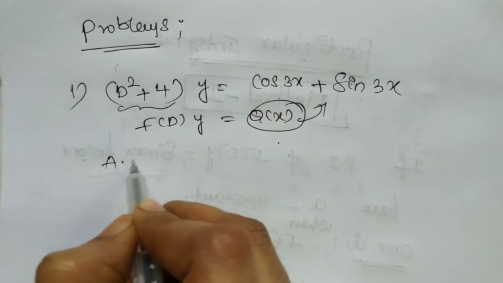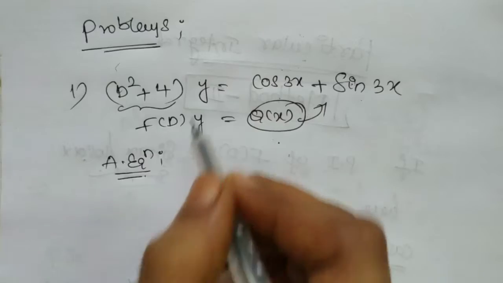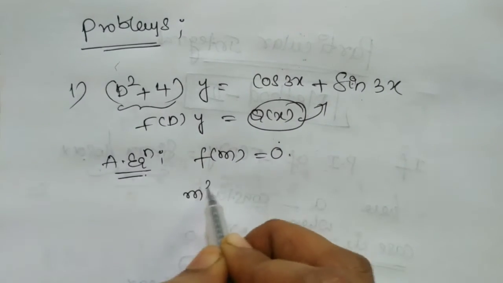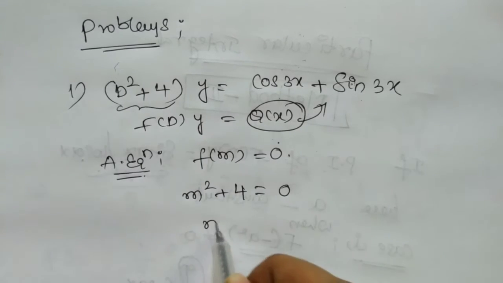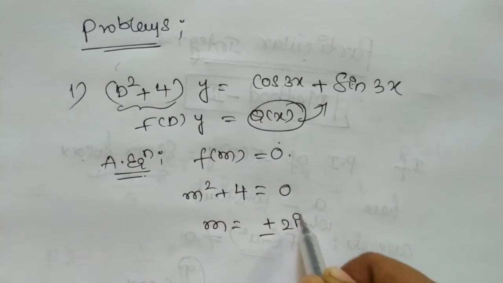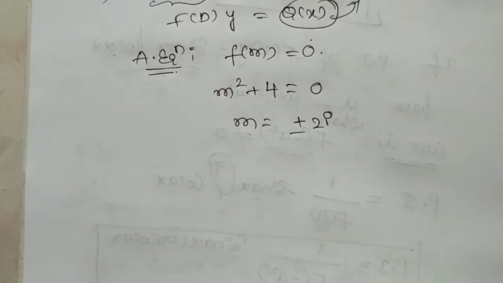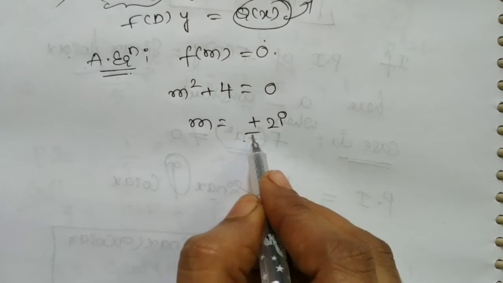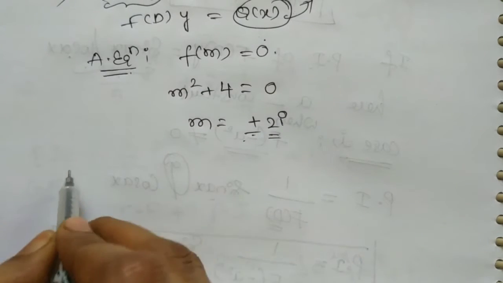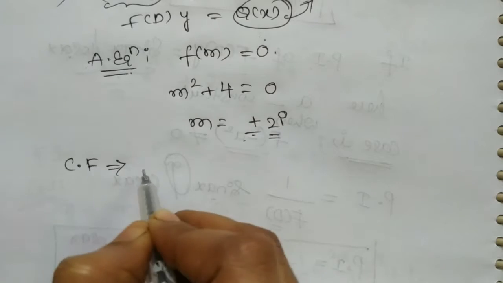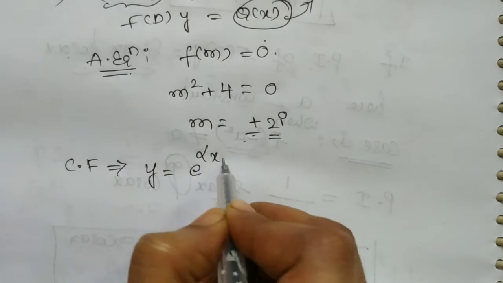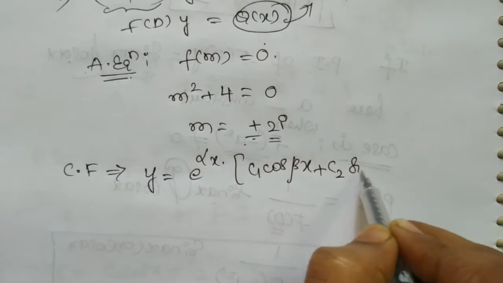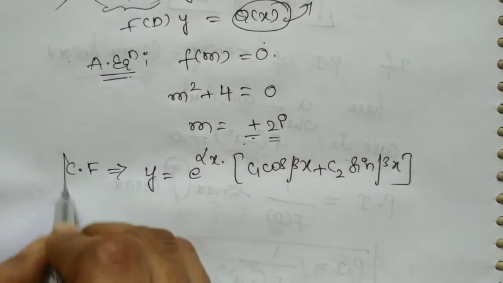First, to find the solution of the auxiliary equation, f of m equals 0. So m square plus 4 equals 0, then m equals plus or minus 2i. This is in the form alpha plus or minus i beta, so alpha equals 0 and beta equals 2. Therefore the complementary function y equals e power alpha x into c1 cos beta x plus c2 sin beta x.